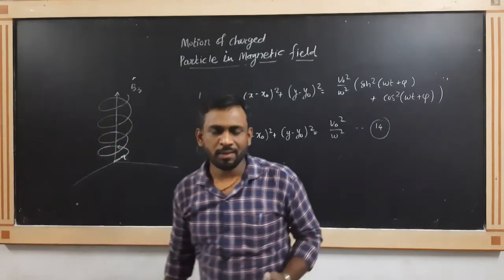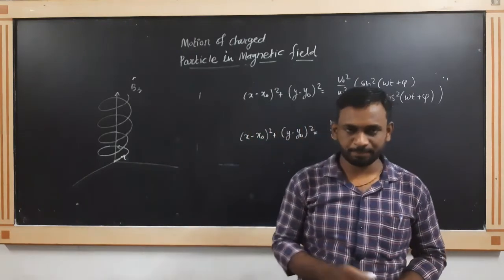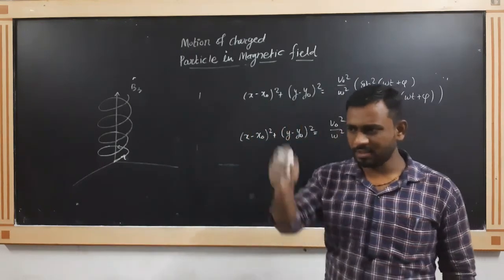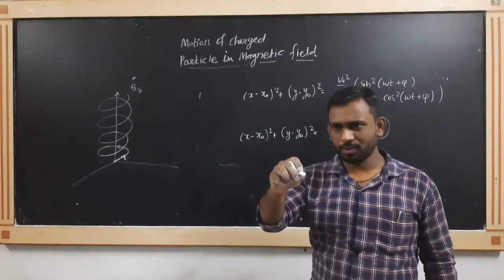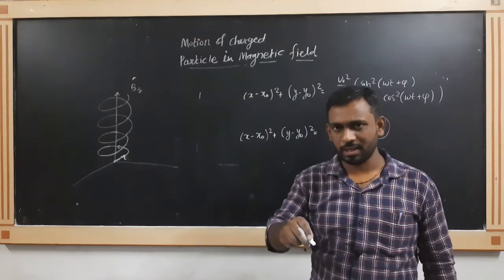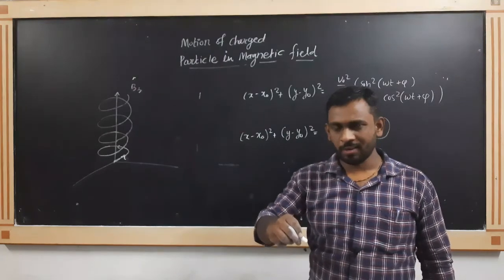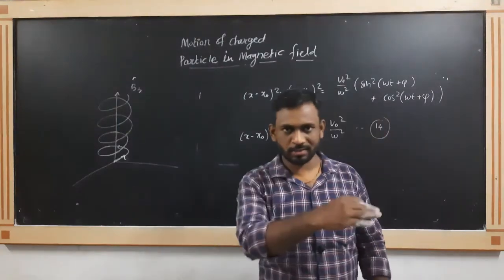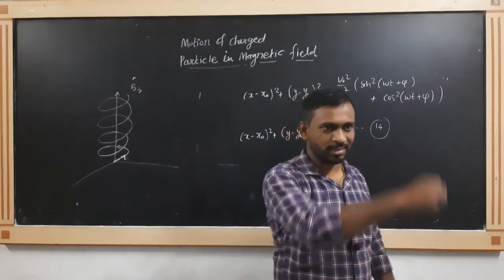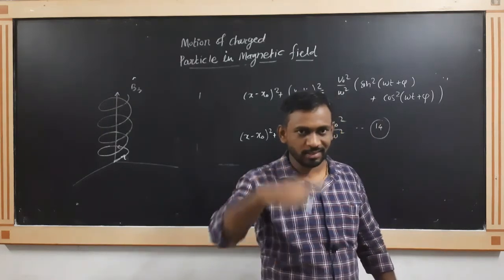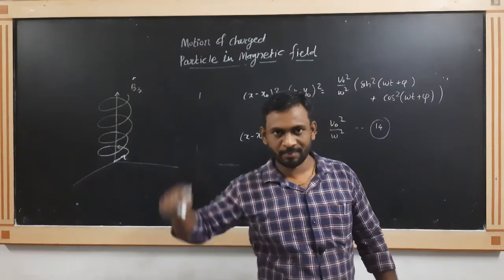In other words, suppose you have this chalk, and I move this chalk up and down, and suppose you have only up and down motion. If I move this chalk with this motion and this motion together, you can see the path followed by the chalk looks like this.